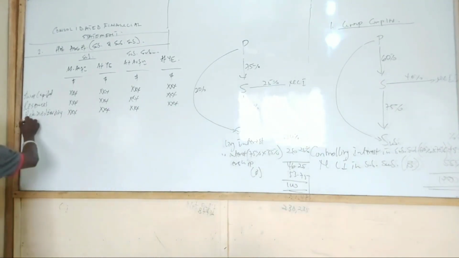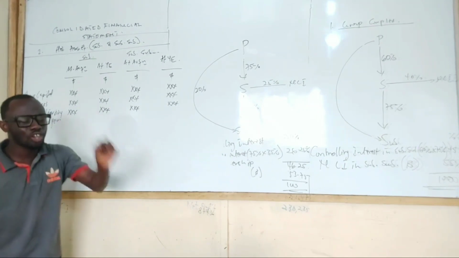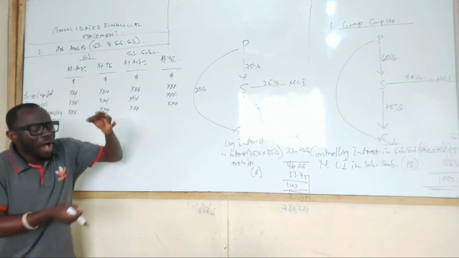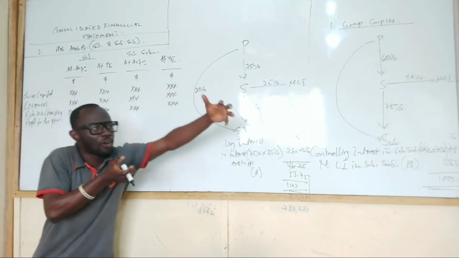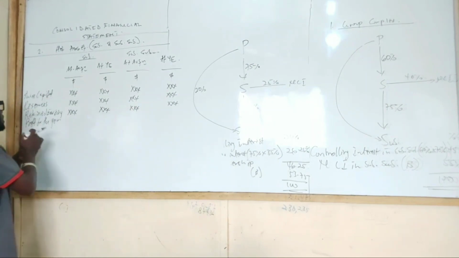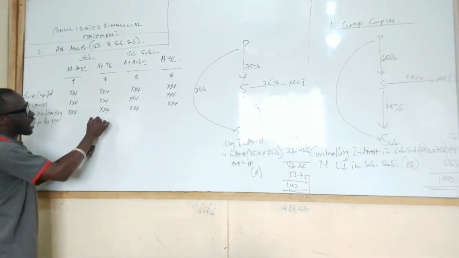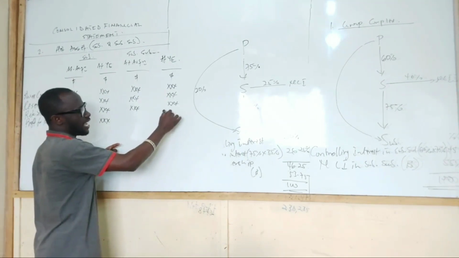Then profit for the year. Please note that if we acquire them at the start of the year, that means all the profit belongs to us, or we will take a share. For that reason, the profit for the year will just come at the end.